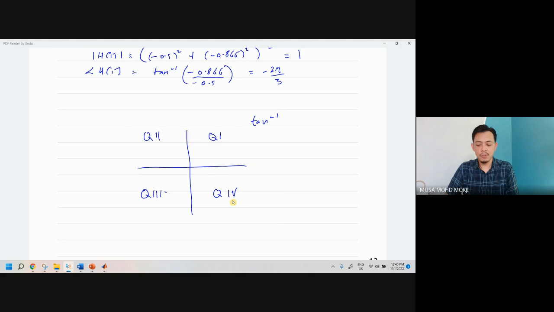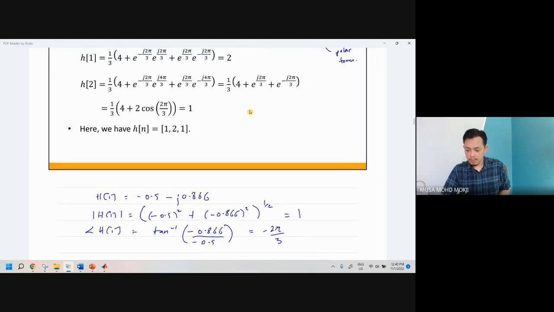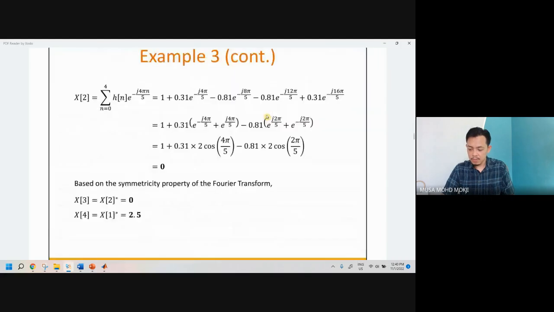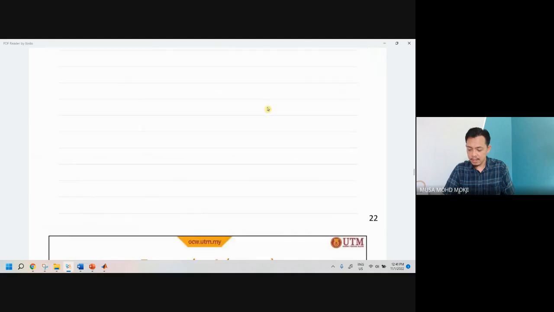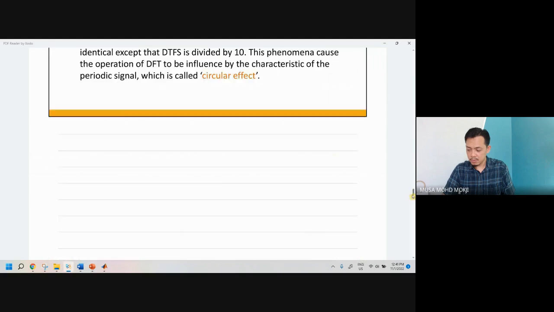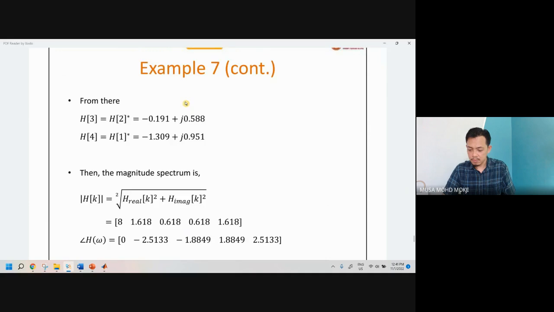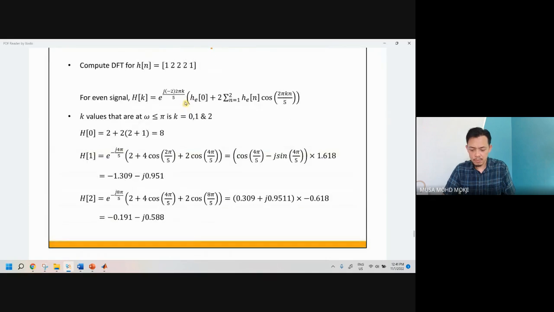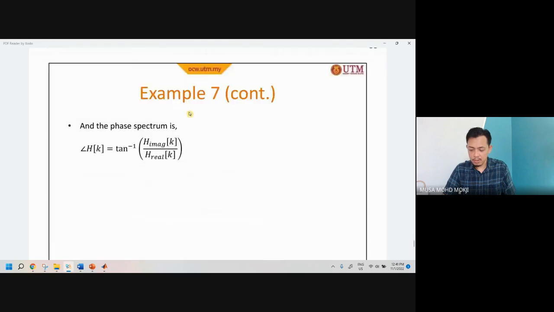Okay, so let's do that, tangent inverse. So I think my MATLAB is still opening. But to help with that, actually I have written the full equation, I think somewhere at the end of these notes. Not here.